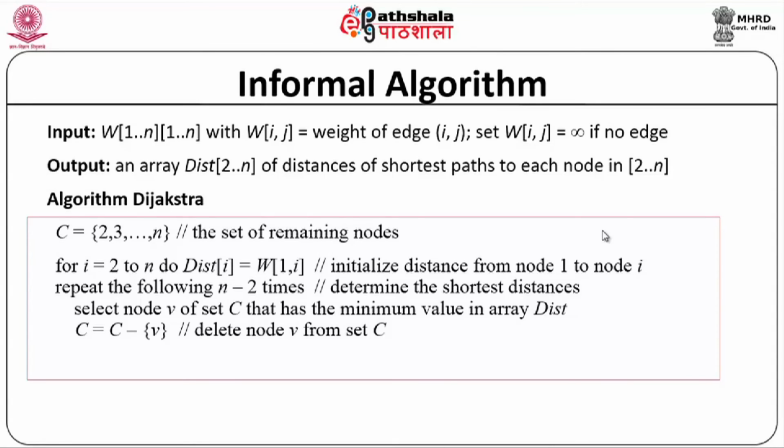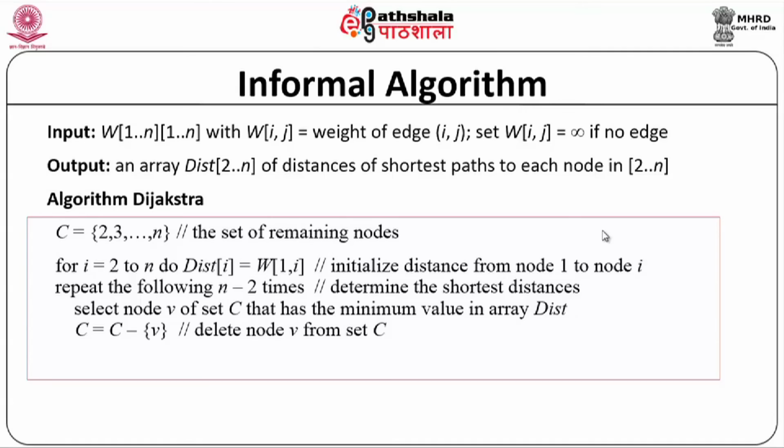Since we have chosen the first node as the selected node, all other nodes become C. Now we initialize for i equal to 2 to n: distance is initialized to the values of the matrix W. That means the weight matrix is copied and used as the initial value. Then we repeat the process of finding the shortest distance n minus 2 times.